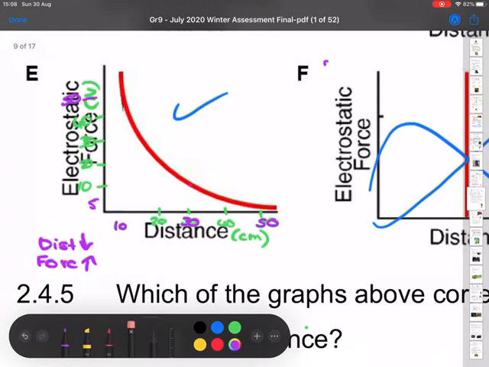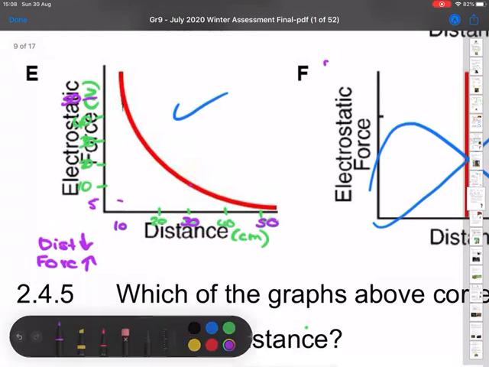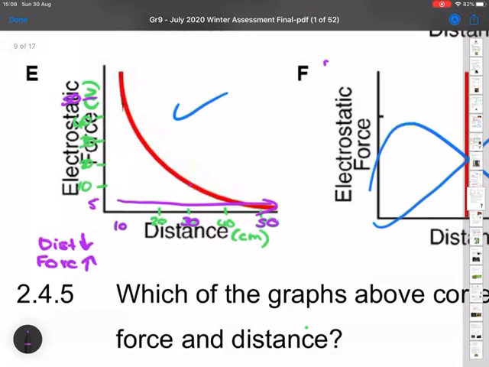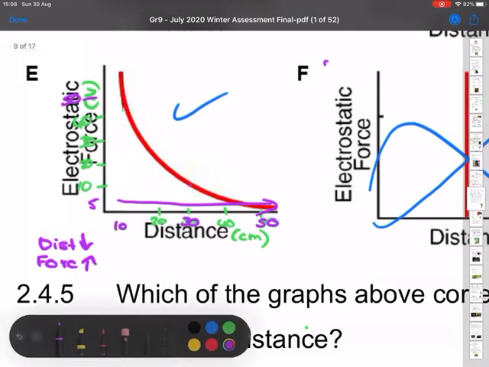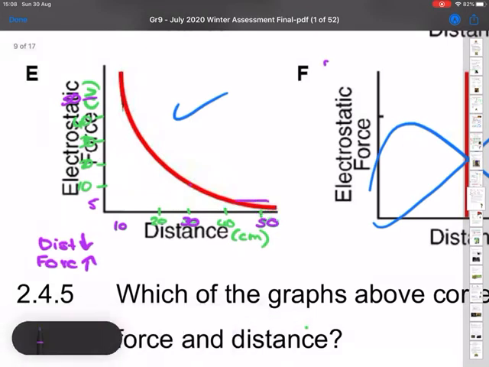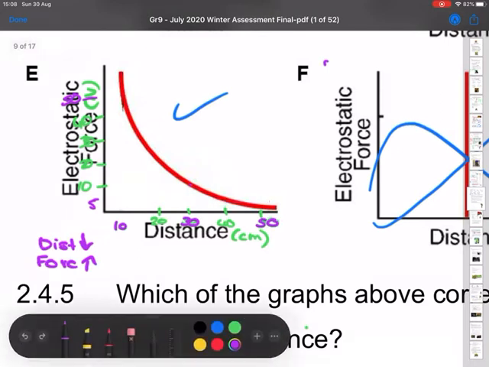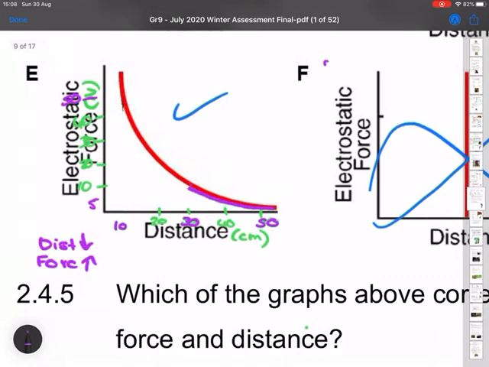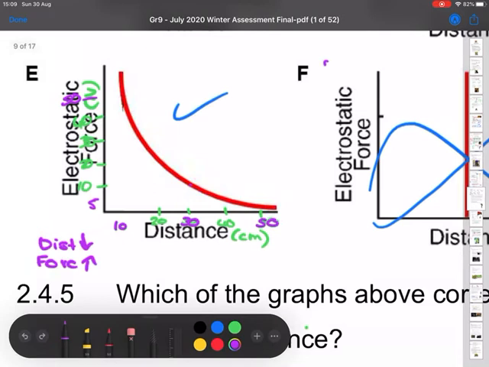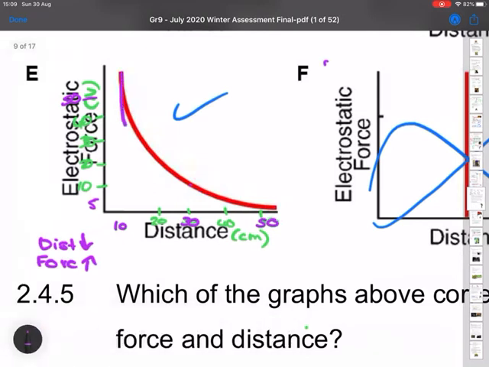As distance increases, so as I go to the right on this graph, force becomes less. Or the other way around, I can say as I go to the left on this graph, I'm going up. So watch what happens as I trace my finger along here. As I go to the left, electrostatic force becomes bigger and bigger. Or as you go to the right, so as your distance increases, electrostatic force becomes less and less.